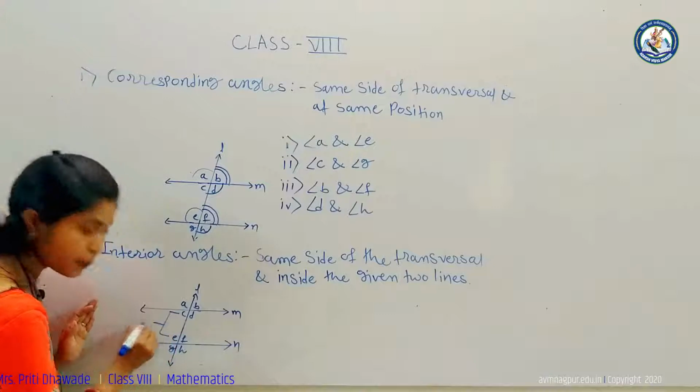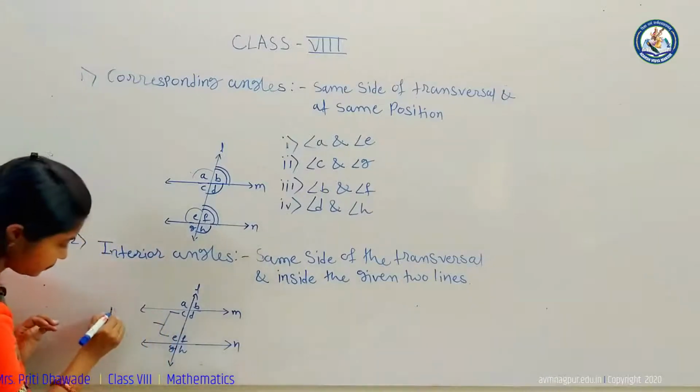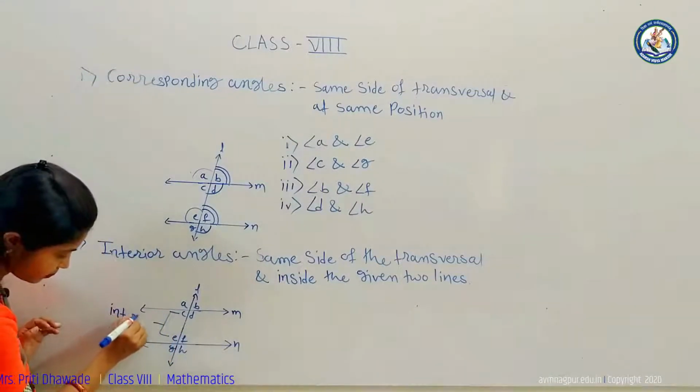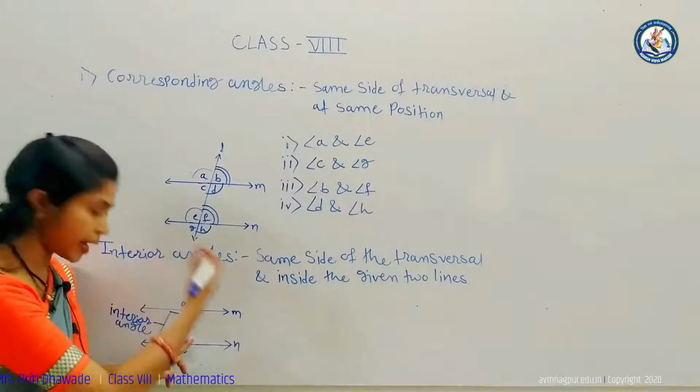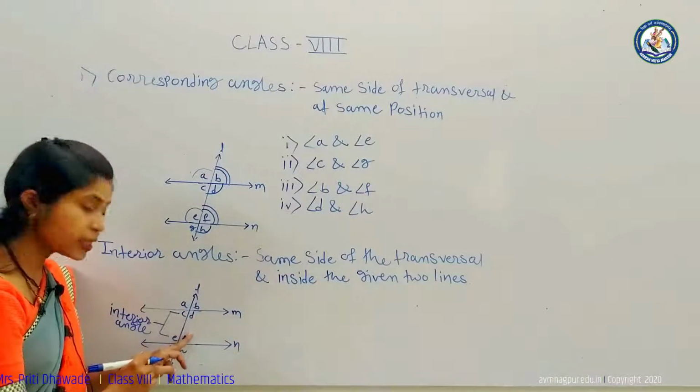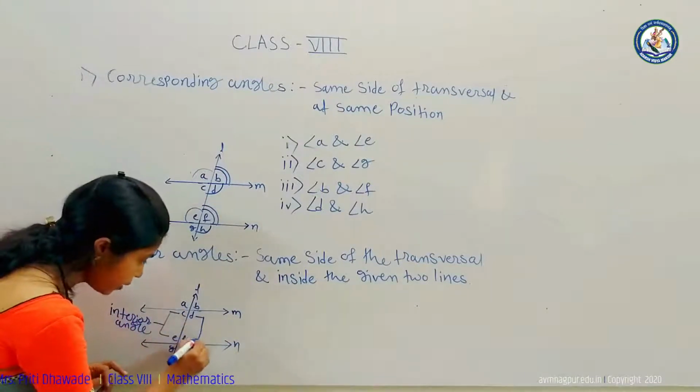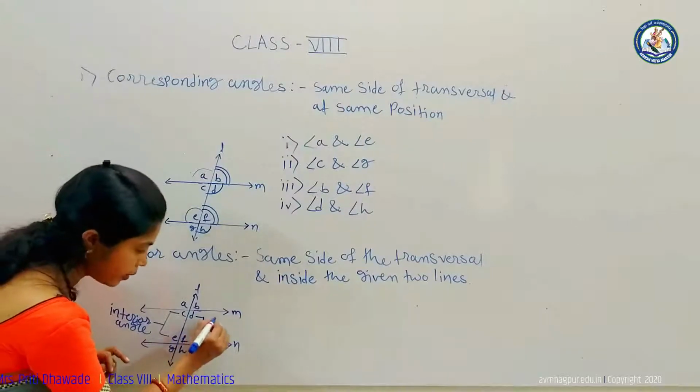So this is the first pair of interior angles. Now angles D and F are present on the right hand side of the transversal and on the same side. So this is another pair of interior angles.